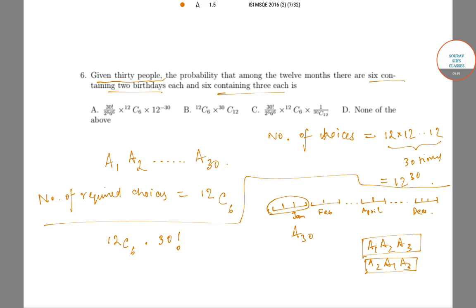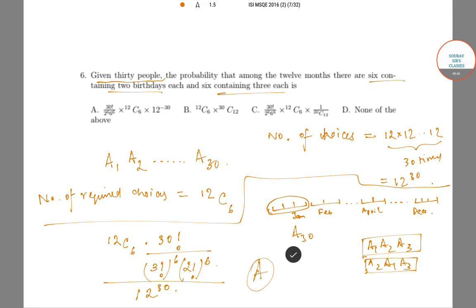We just care about the number of people that we can fit into 1 month. So we have 3 factorial to the 6, 2 factorial to the 6. This divided by 12 to the power 30, which is option A.